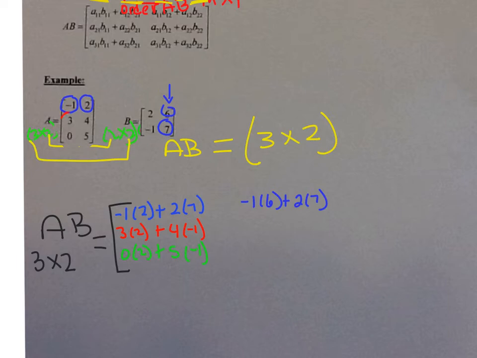And then it's going to be 3 times 6 plus 4 times 7. And then it's going to be 0 times 6 plus 5 times 7.